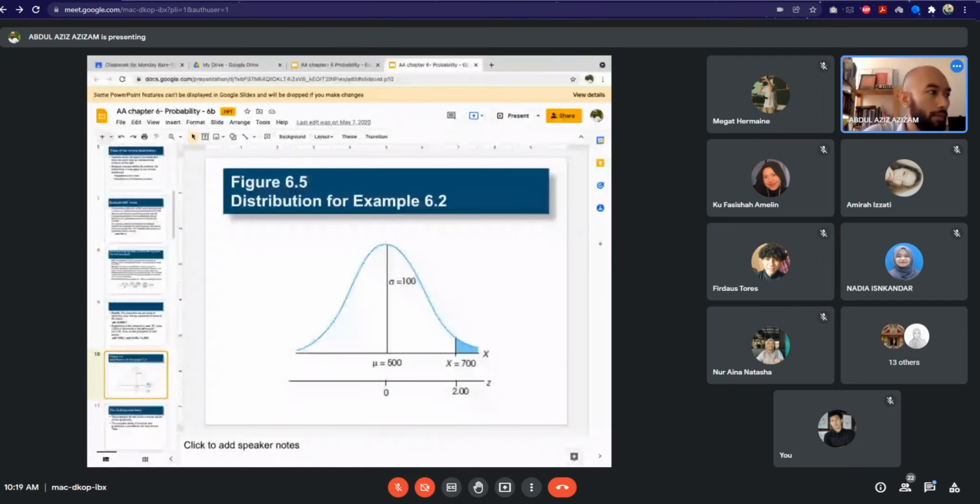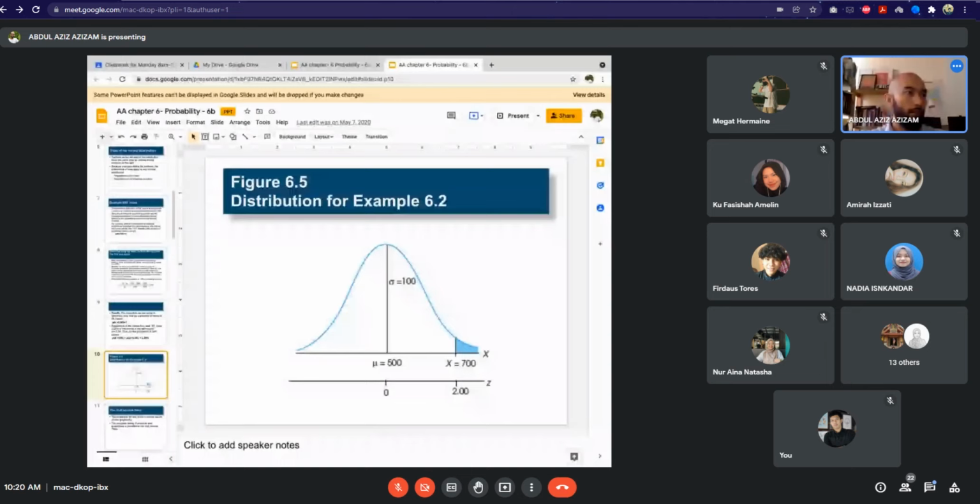So kita kena refer kepada normal. So now, okay, the complete listing of the unit normal table. This is unit normal table.